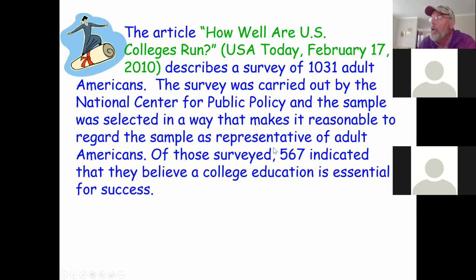We're taking this number right here, 567, and we're dividing it by 1,031. So this is going to be a proportion. What is the population proportion? What is the symbol for the population proportion?